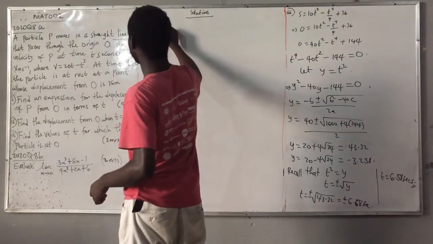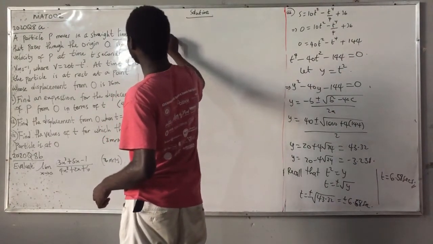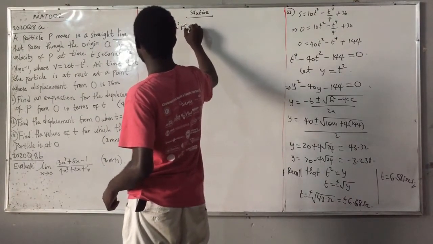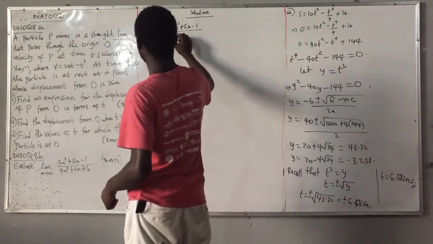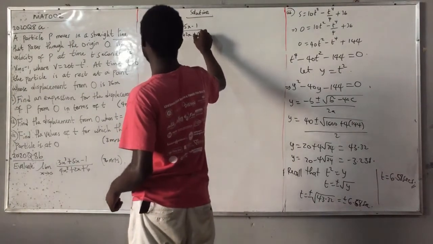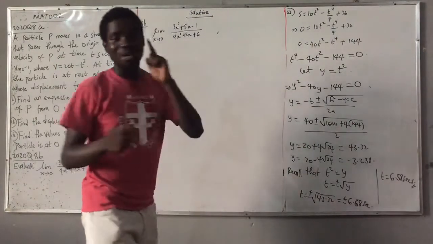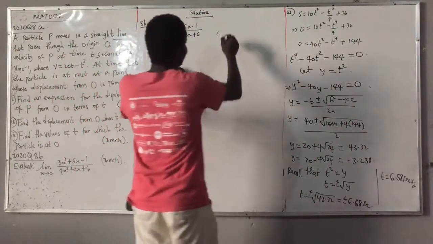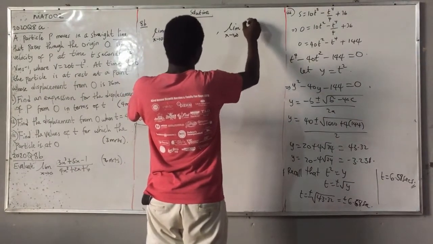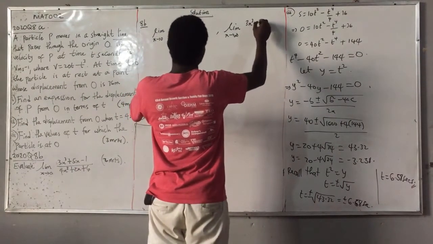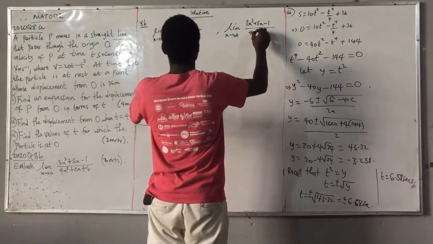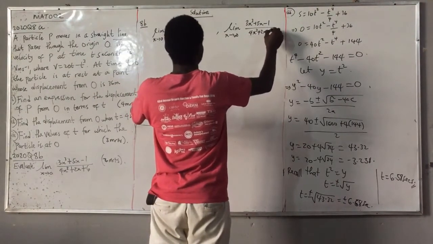They say limit as x goes to 0 of (3x cubed plus 5x minus 1) over (4x cubed plus 2x plus 6). Now, I'm going to write another question. Limit as x goes to infinity of (3x cubed plus 5x minus 1) over (4x cubed plus 2x plus 6).